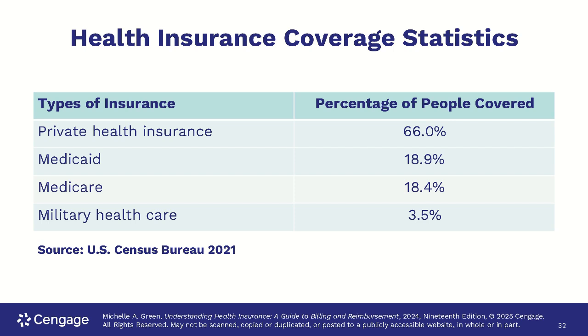Now, what's really interesting is the comparison of Medicare versus Medicaid. And in this course, we will pick apart both of those plans, but very simply, Medicare is for individuals that are 65 years or older, or have end stage renal disease, whereas Medicaid is for individuals that are medically needy or categorically needy, which again, we'll get into.